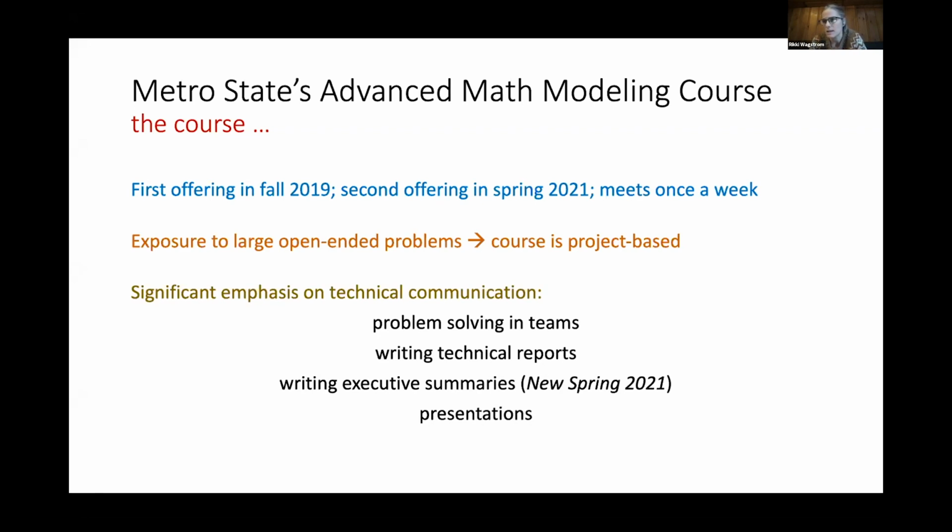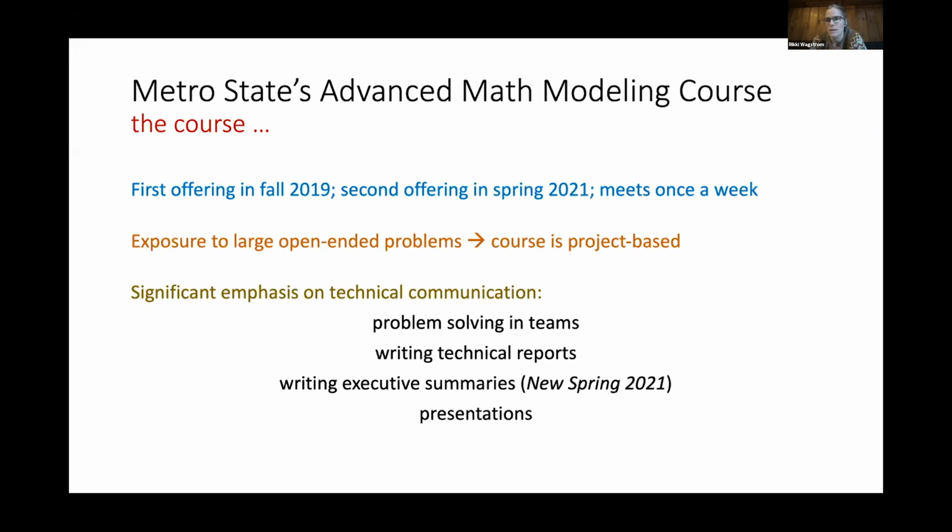At Metro State, most of our students are adult learners, so they work generally full-time during the day. So our courses generally meet at night once a week, and so that was the format for this particular course. There are two primary objectives for this course, and that is, first of all, to expose students to large open-ended problems.